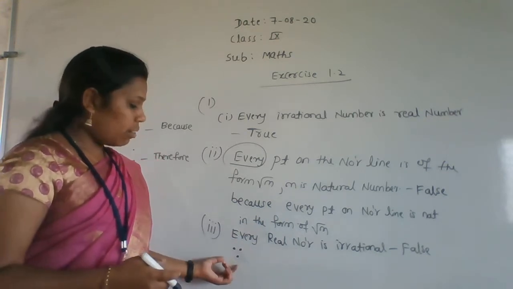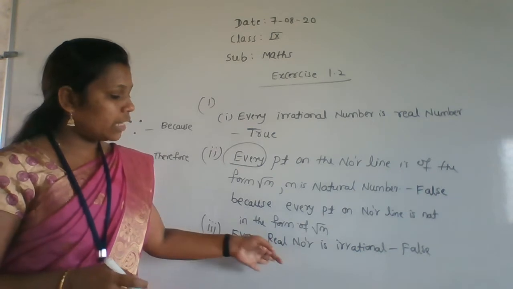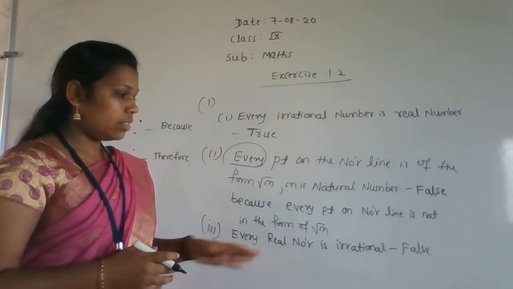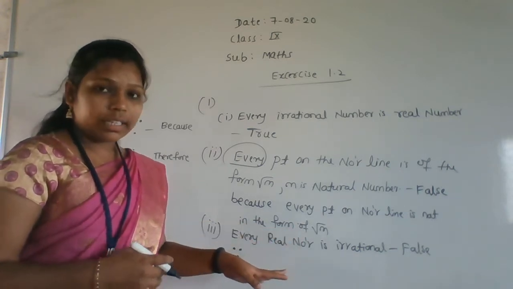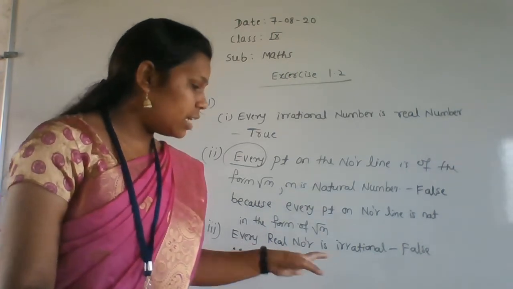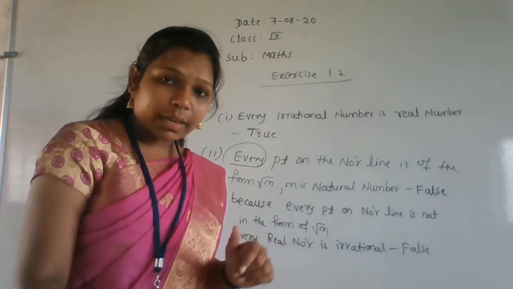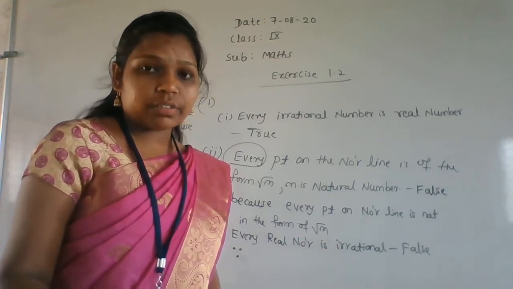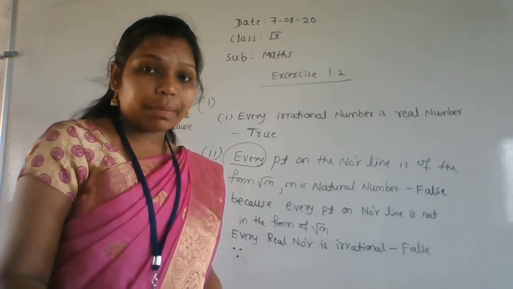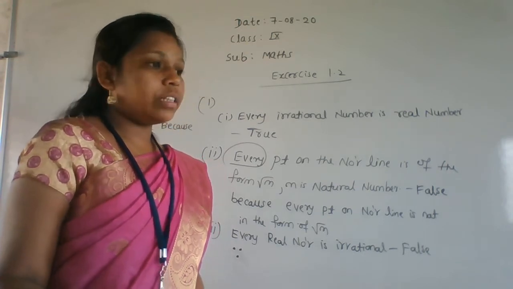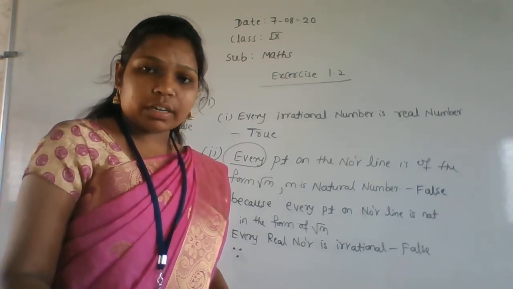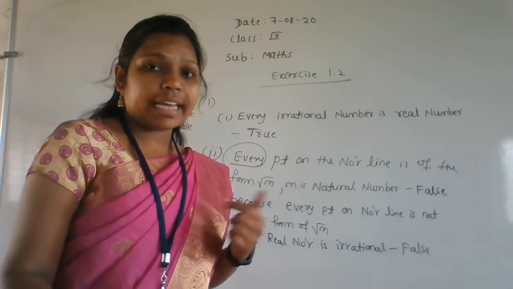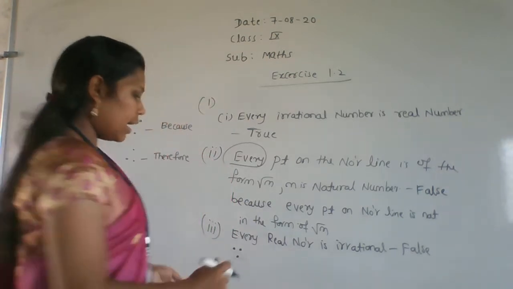So here, why is every real number not irrational? That is a false statement, because every real number is not an irrational number. Why? Give an example of a rational number, which is in the p by q form, right? So we can take 10 by 5.